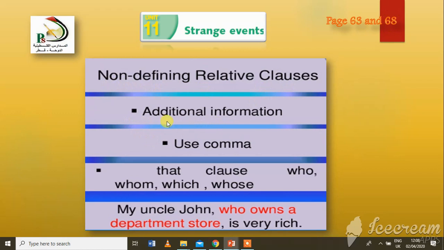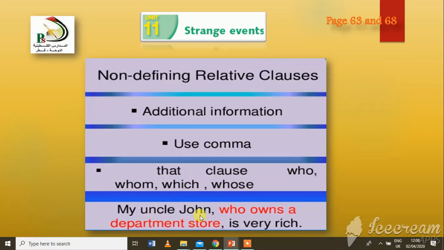To be precise, it gives unnecessary information, the information which is not very important, and the main clause is complete without it. Here we must use a comma. We use only who, whom, which and whose. We do not use that here.